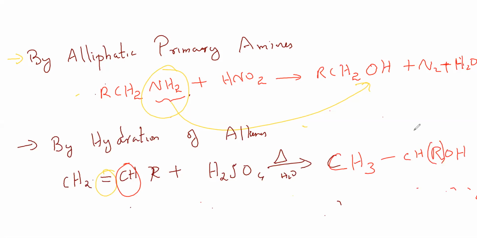So what happens in this is, CH3CH, the double bond will get broken down, R I am writing, OH will get attached. This is one more preparation, by hydration of alkenes. Hydration in the sense treating with water. We are boiling it with sulfuric acid and water.